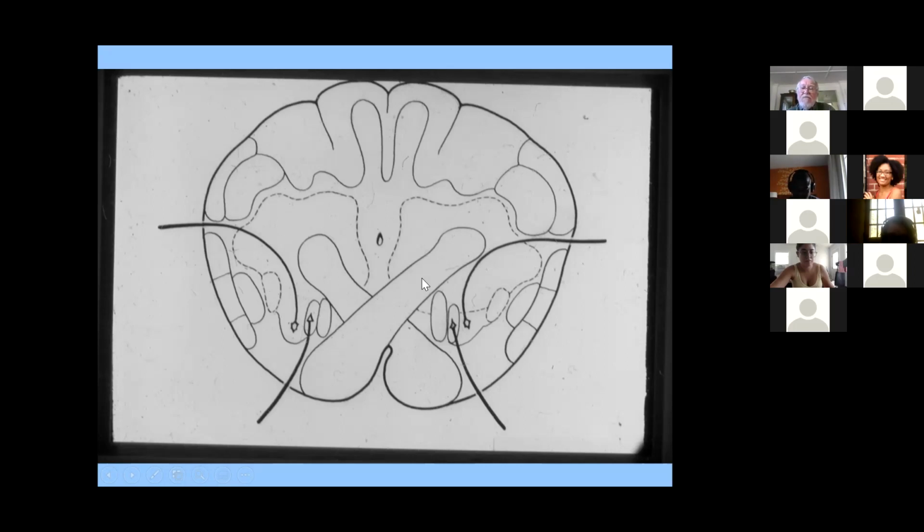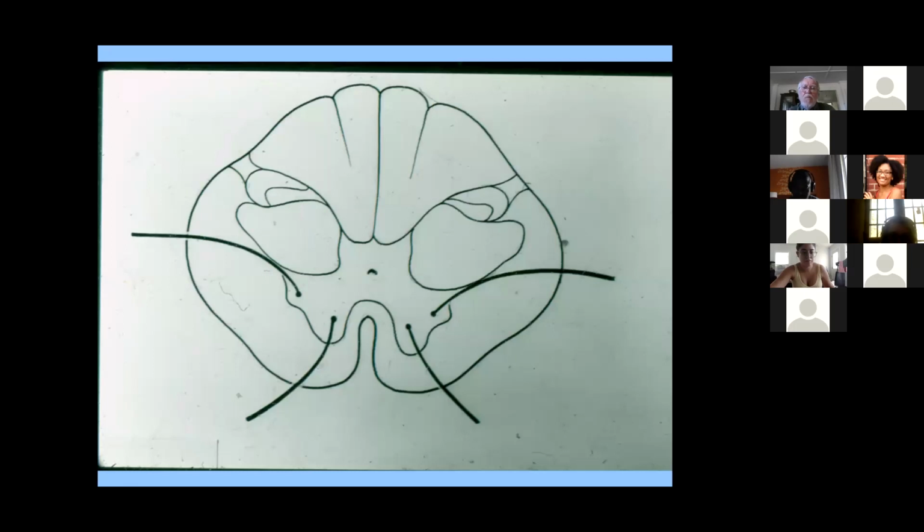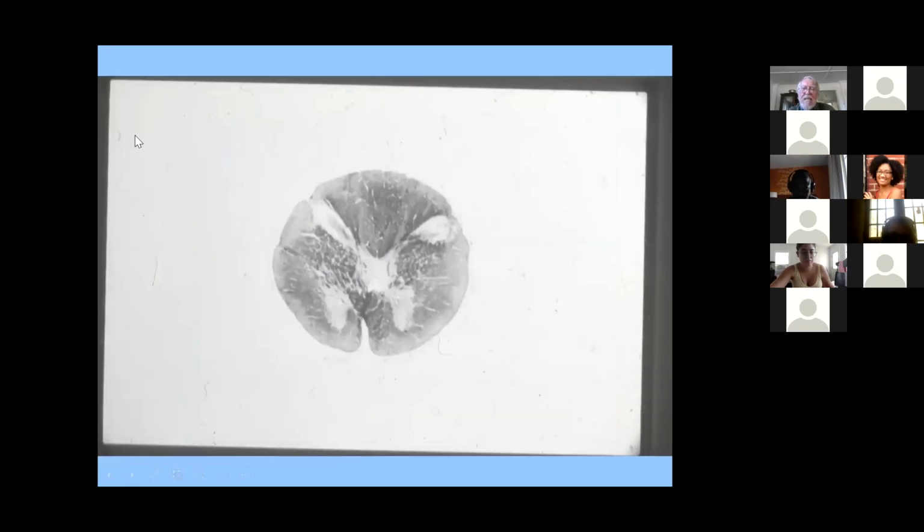Now what we can see very clearly, remember in these previous sections, when we looked at here and we look here, we see the lateral corticospinal tracts already decussated.